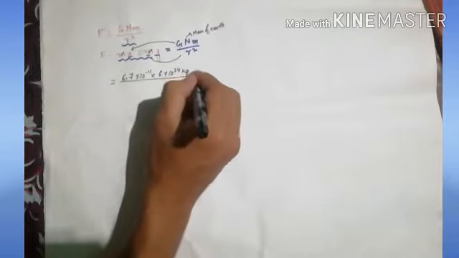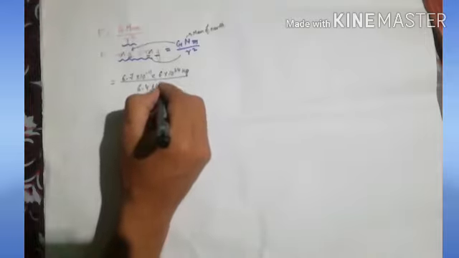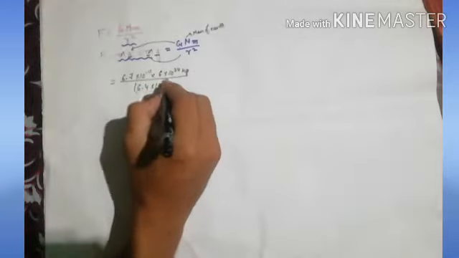In case of acceleration due to gravity, this m also cuts with this. If you compare these formulas, then this m will be cut. The mass of earth is 6 into 10 to the power 24 kg, and r, the radius of earth, is 6.4 into 10 to the power 6.